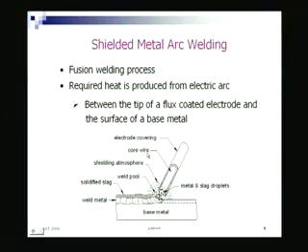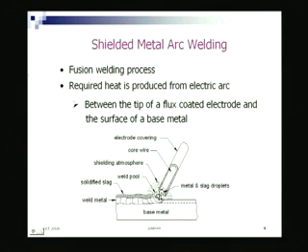Now, when the arc is struck, in that heat the core wire, that is the core electrode, melts, and at the same time the coating, which is the flux, burns. The coating is not melting, it is burning, because it is in the atmospheric environment with oxygen.